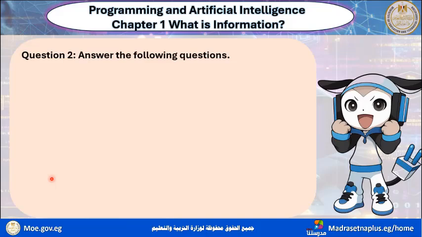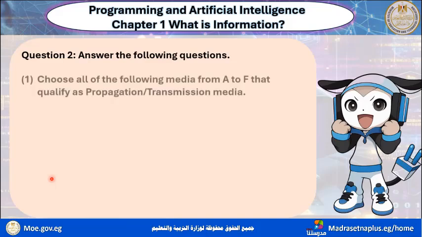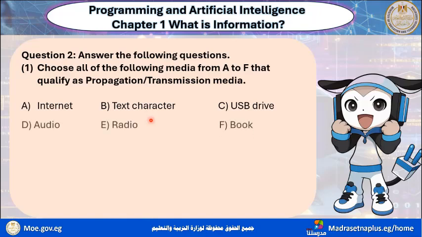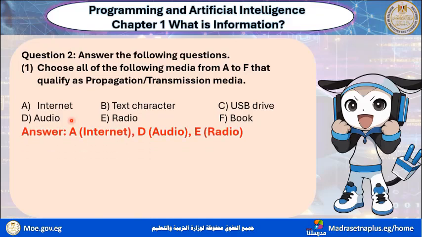Well, answer the following questions. Choose all of the following media from A to F that qualify as propagation and transmission media. Internet, text character, and USB drive. Well, we have audio, radio, and book. Of course, he wants us to choose all the media from A to F that qualify as propagation and transmission media.